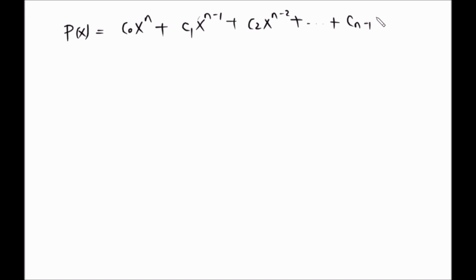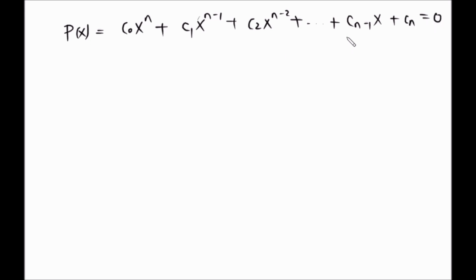So now consider a polynomial of degree n. So we have a polynomial of degree n. So it's c0 x power n plus c1 x power n minus 1 plus c2 x power n minus 2, hadi cn minus 1 x, and then plus cn is equal to 0.